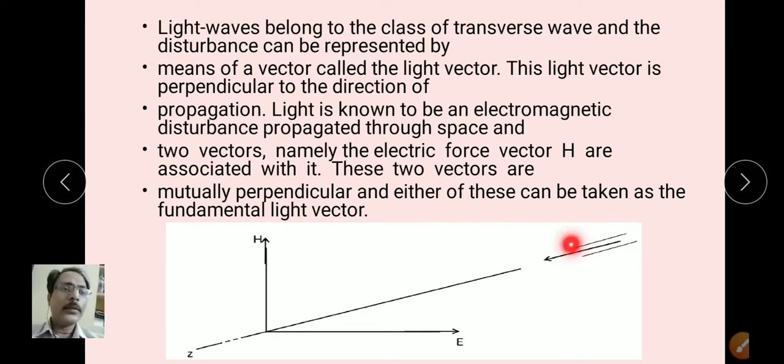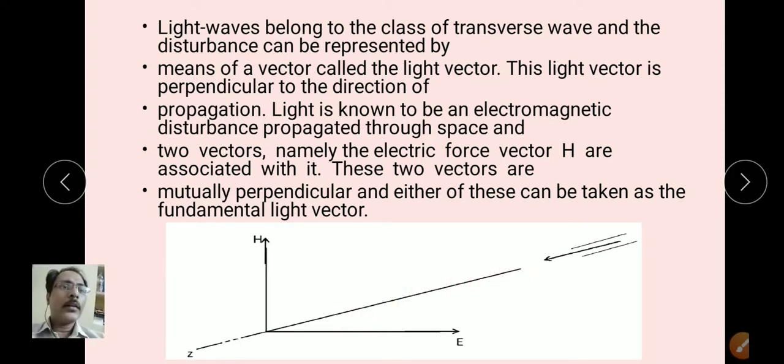It moves in this direction but forms waves, making a perpendicular inclination with the propagation.